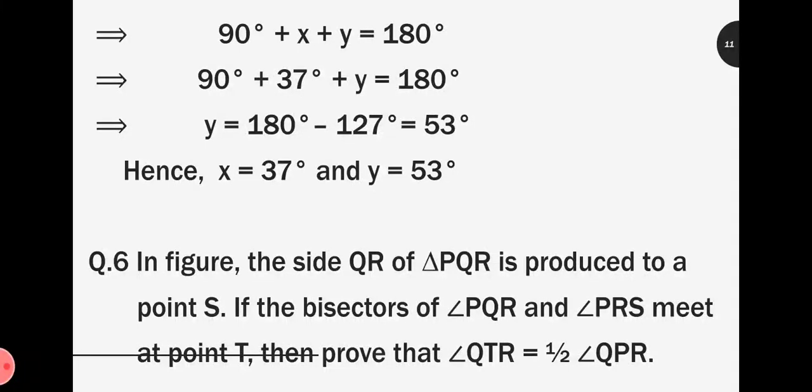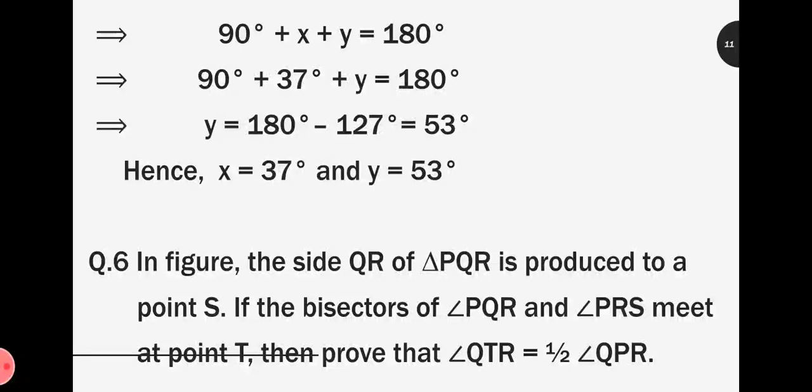It is given that one of the sides of triangle PQR is produced to a further point S, and the two bisectors of the two angles also meet at a point. Then we have to prove that angle QTR equal to half of angle QPR.